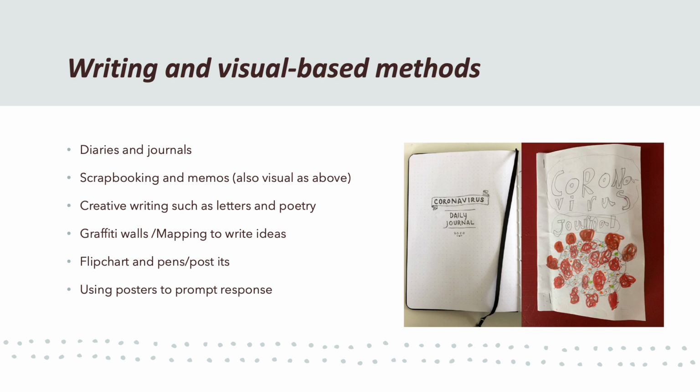So there's different ways that you can record diaries and journals, which has been a popular method I've seen in many articles. So then you can also use different types of things, as we talked about, like scrapbooking. So you can have children taking their own pictures and then making them into a scrapbook and including text within them. And this can all be used as the data collection method as well.